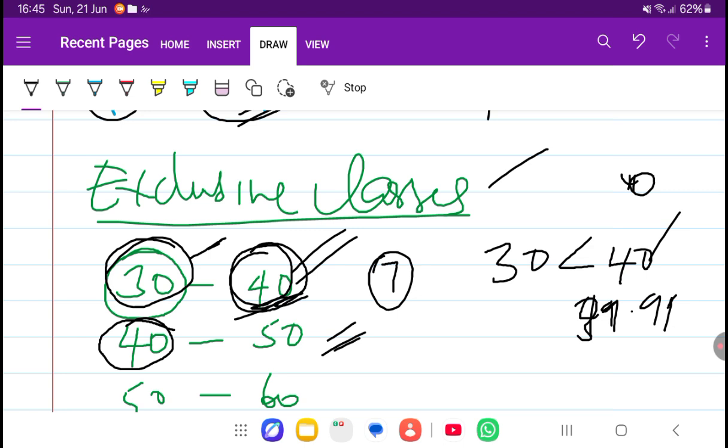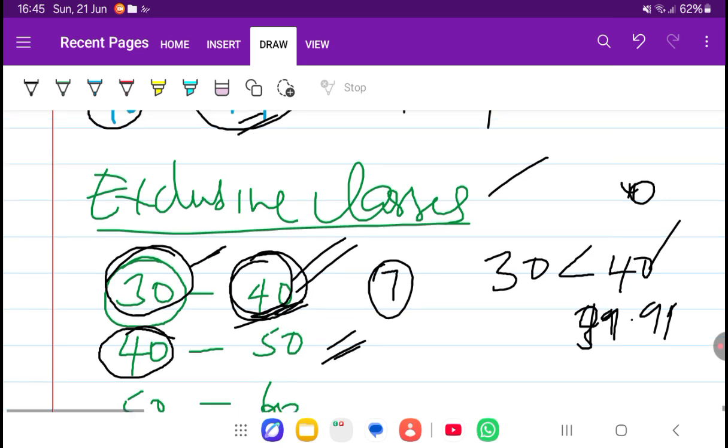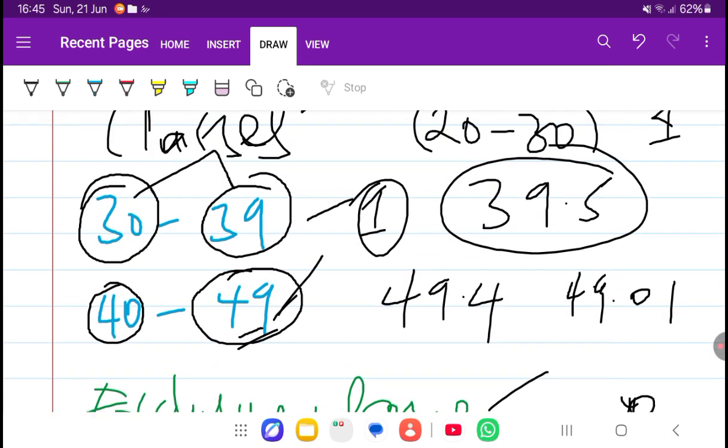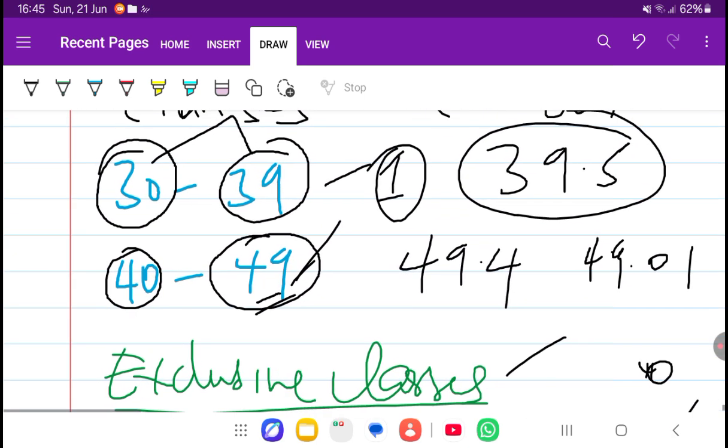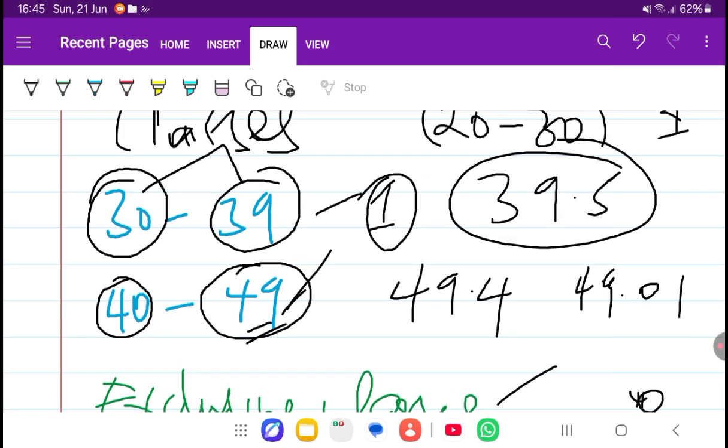But if I'm talking about the inclusive classes where both the upper and the lower are included, then the definition may change a little bit, because you will just be talking about the highest value of that class.